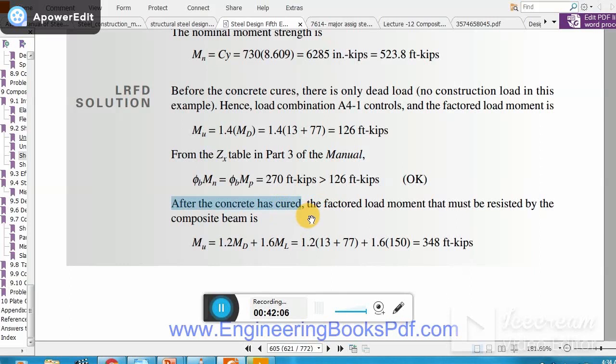Now the shoring, the formwork, all things will be removed. The beam and the slab are responsible to support their own weight and the live load.